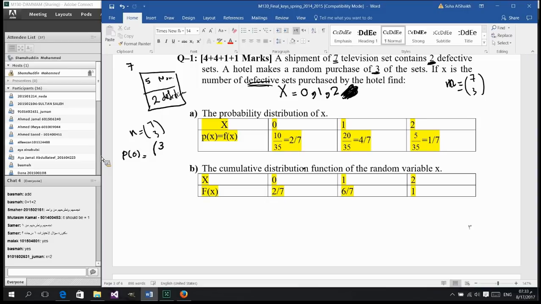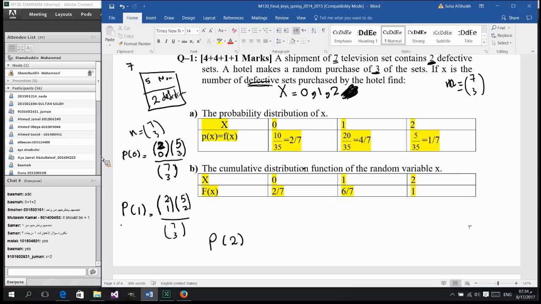So the 3 I'm choosing, 0 of them are defective, which means from the 5 non-defective I'm going to choose the 3, divided by the overall, which is 7C3. The probability at 1 means 1 is defective, so the 2 left are non-defective, divided by 7C3.